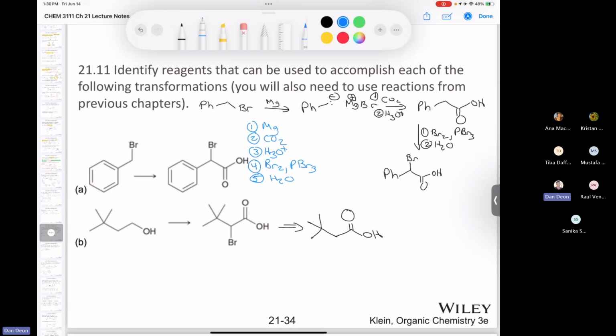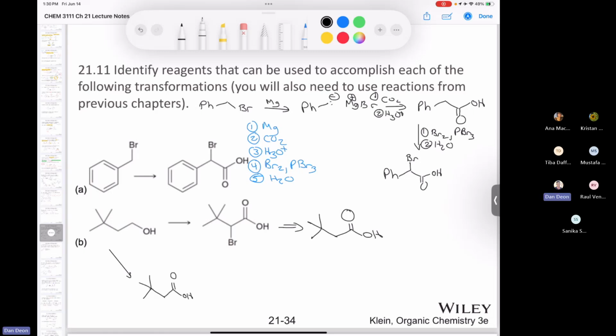The next one, again, it's going to be the Hell-Volhard-Zelinsky reaction, because you're making this alpha bromo carboxylic acid, but we need to take this primary alcohol and convert it to a carboxylic acid. Nothing is straightforward in this class, but I know you all know how to do that without any of my help. That's just the oxidation of a primary alcohol to a carboxylic acid, which we can do using chromic acid.